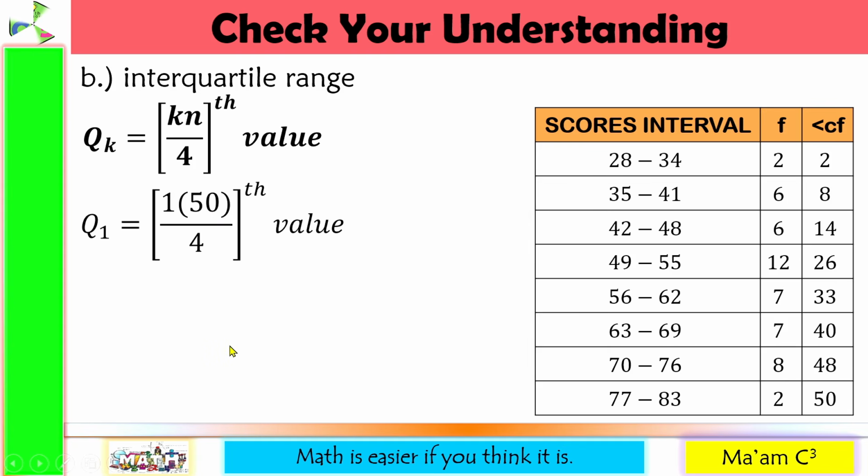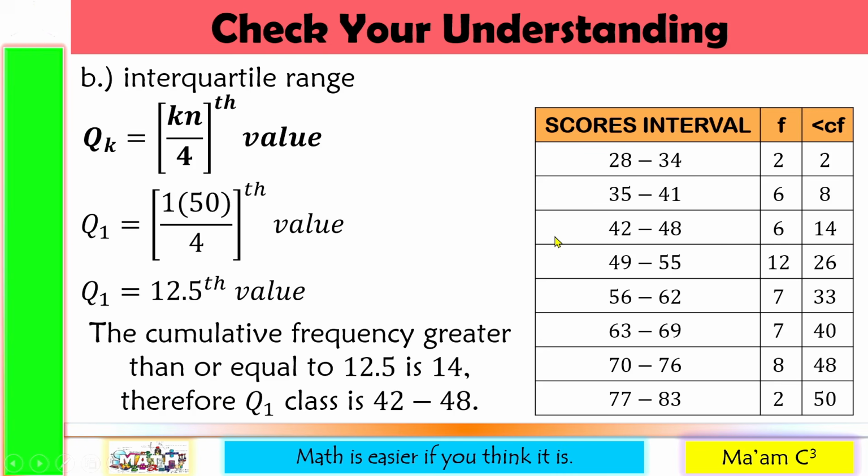We are looking for the 12.5th value. Let us look at the less than cumulative frequency column. Is there 12.5? None. The next higher less than cumulative frequency to 12.5 is 14. Therefore, this is our first quartile class, Q sub 1.